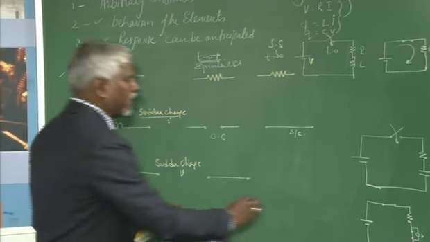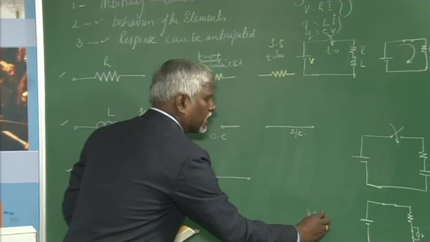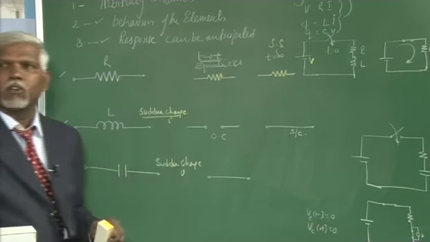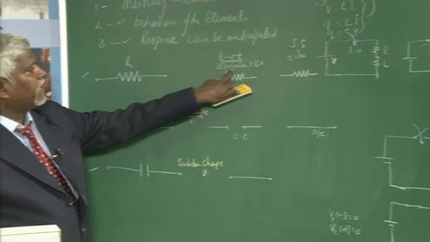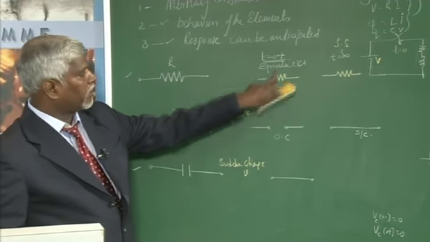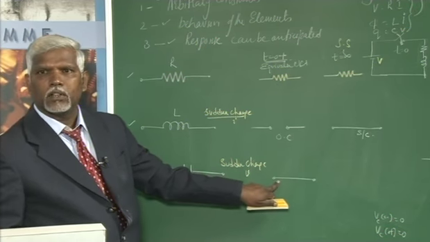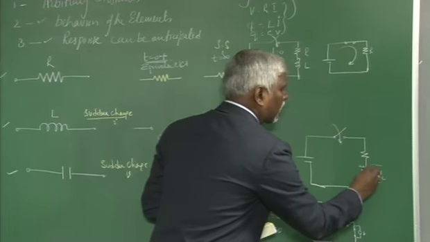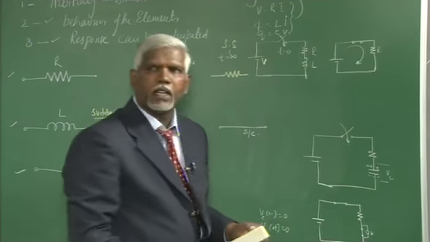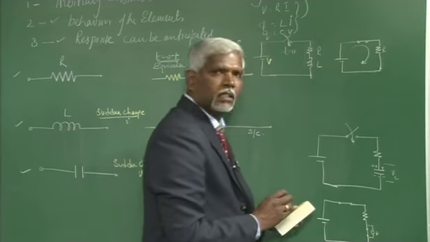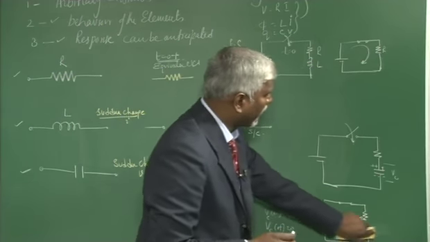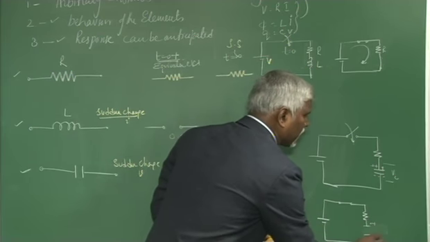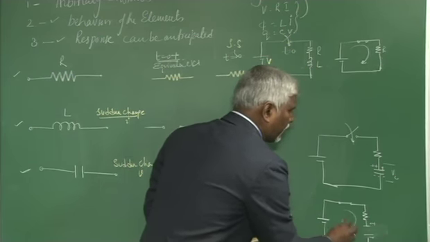The voltage across the capacitor at 0 minus is 0, and Vc at 0 plus is also 0. Therefore, I need to represent the equivalent circuit at t equal to 0 plus as a short circuit. At t equal to infinity, it would have gained charges across the plates, and then finally it will not allow the flow of current. The final state is that the capacitor would have charged with polarities plus and minus, and the current will be 0.